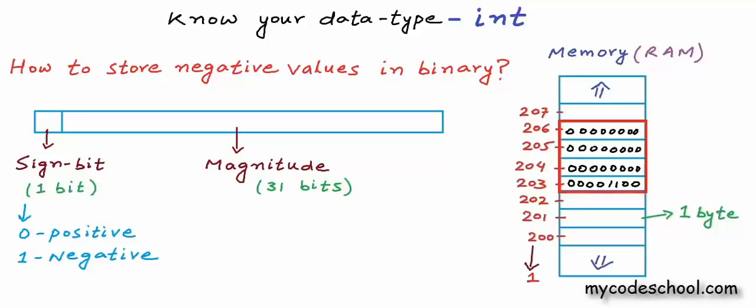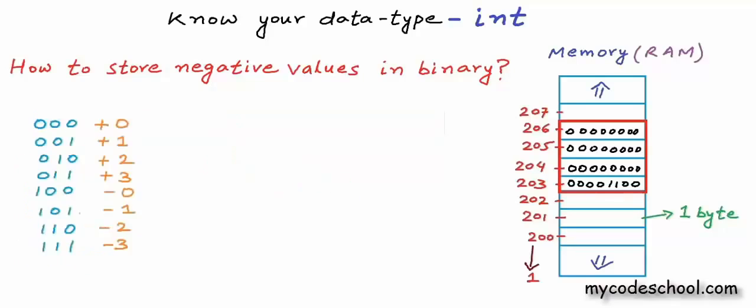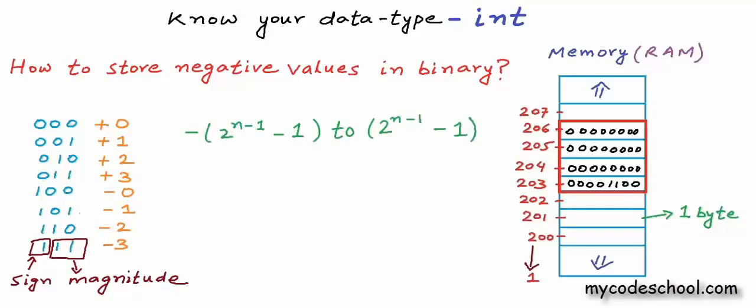If we use the most significant bit as the sign bit, then half of the notations in a given number of bits would be positive values and half would be negative values. If we have 3 bits and we are using the leftmost bit as the sign bit, this is how things will look. With this encoding mechanism, with n bits, we can store values from minus (2 to the power n minus 1, minus 1) to 2 to the power n minus 1, minus 1.